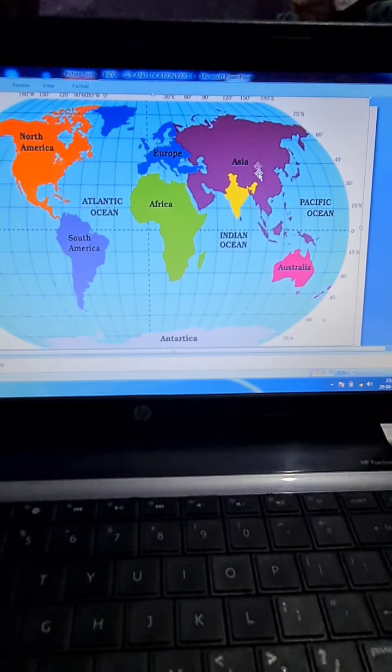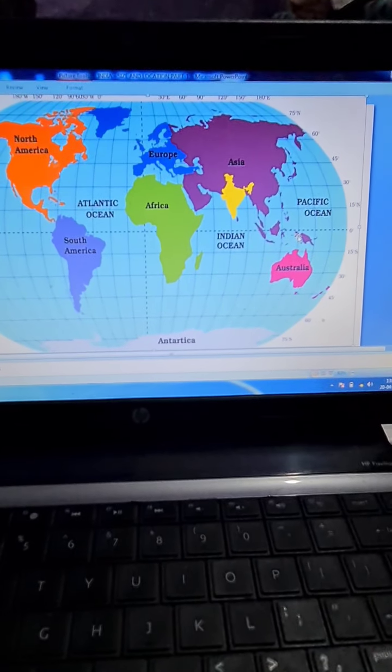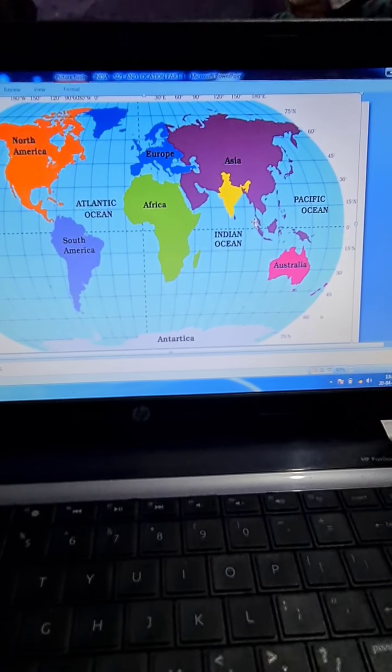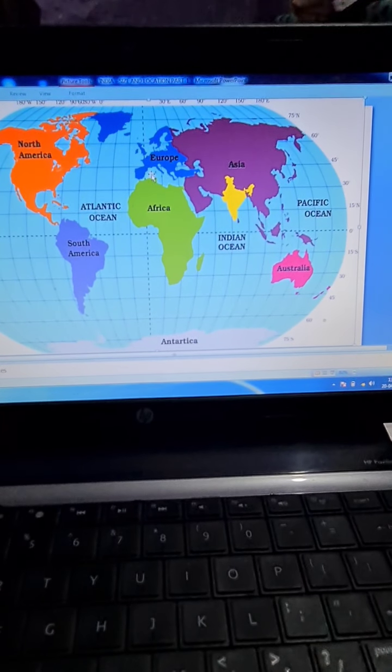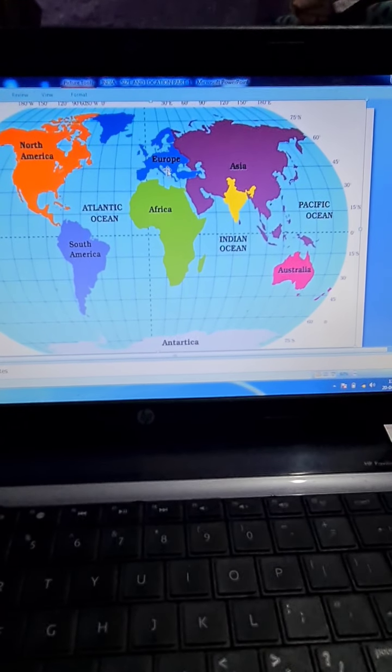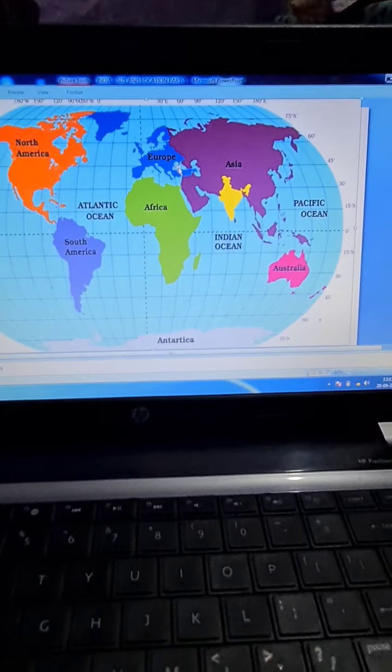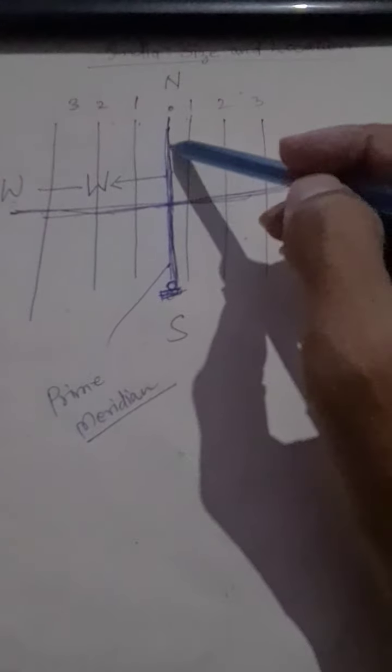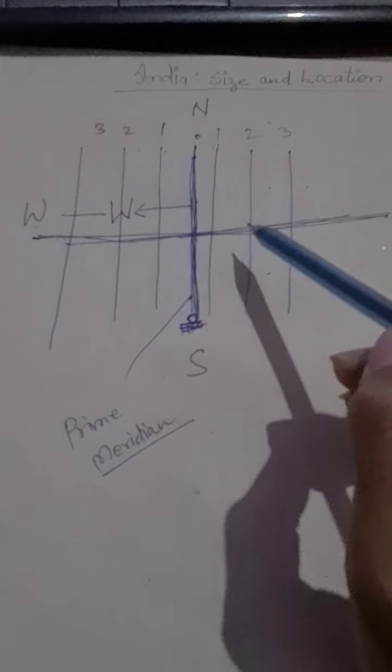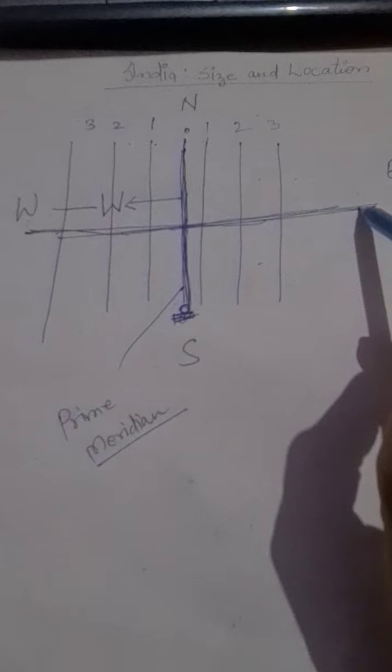So now what we are seeing is above the equator and in the east of the prime meridian. Just consider that the globe has been given in a flattened form. This is the prime meridian and this is the equator.